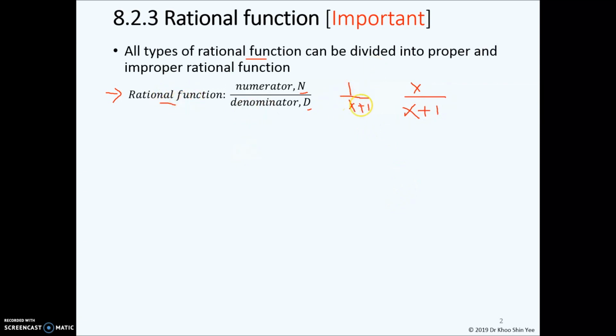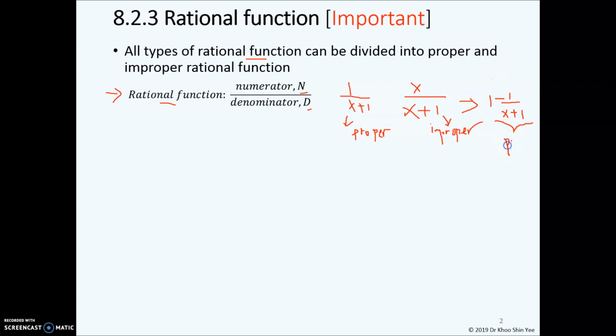So this is also a rational function. For the left function here, this is called proper because it cannot be reduced further. And on the right hand side, this is called improper because we can further factor this into this, right?